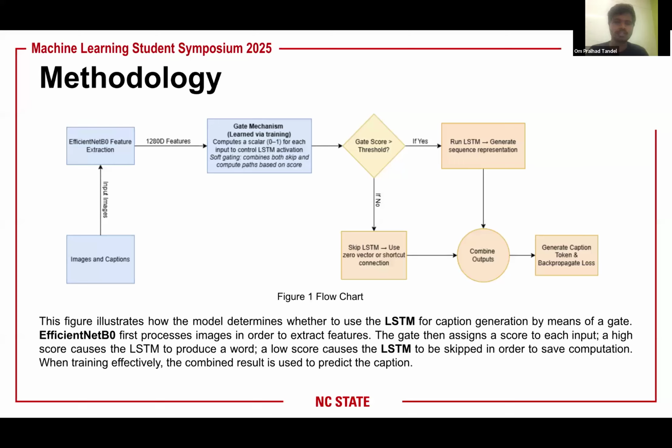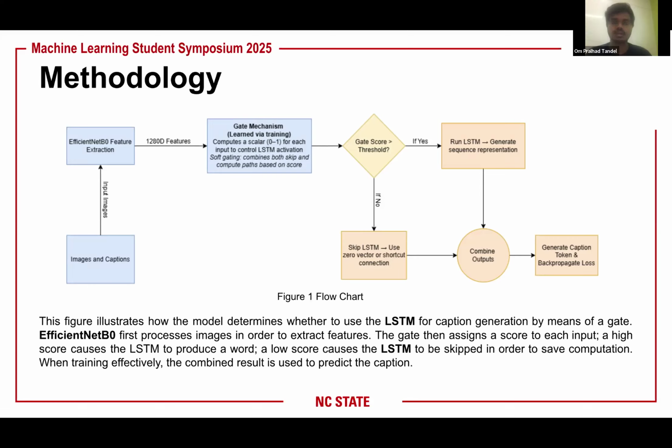Adaptive computation saves computation by skipping unnecessary steps for easy inputs, so we can focus on complex inputs. This saves our time both during training and at inference time.